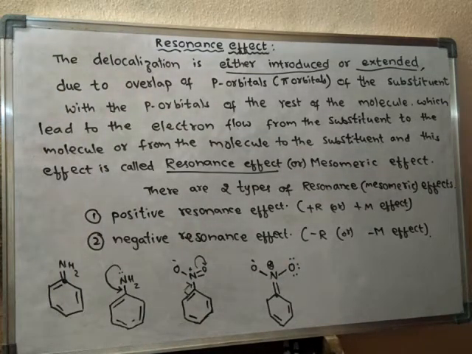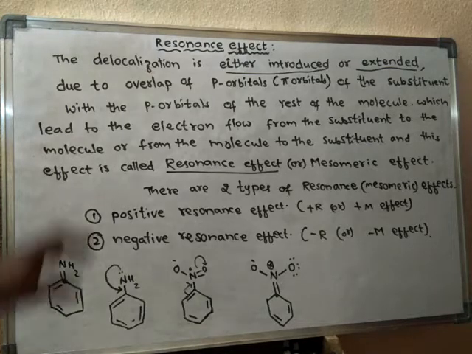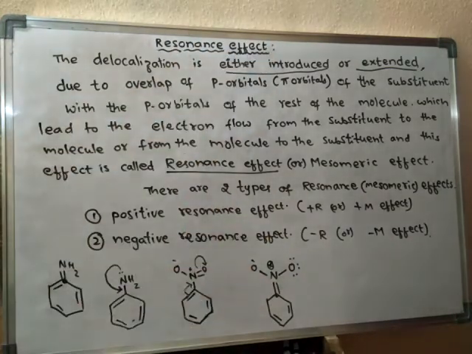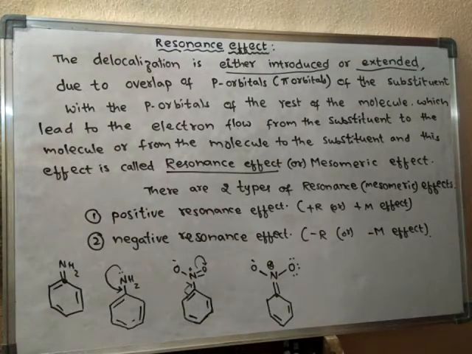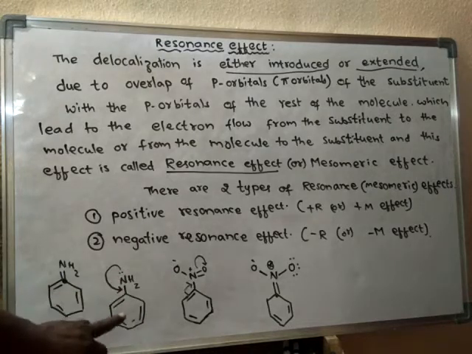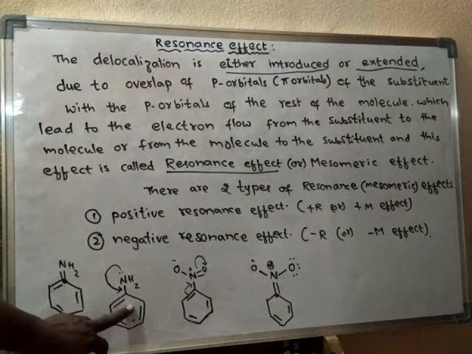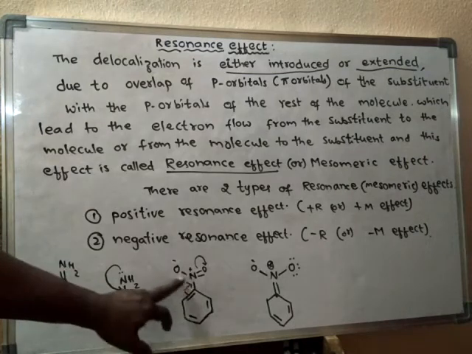Did you understand? Due to overlap of p orbitals, it has given a chance for delocalization, that means shifting of electrons. The shifting of electrons may be either from the substituent towards the molecule or from the molecule towards the substituent.